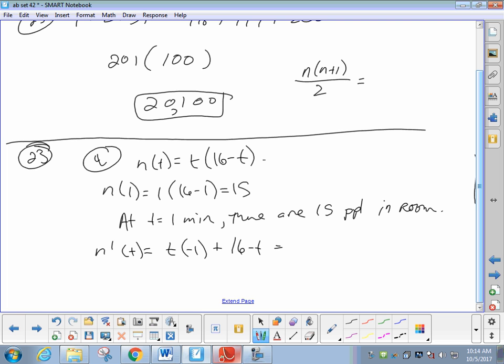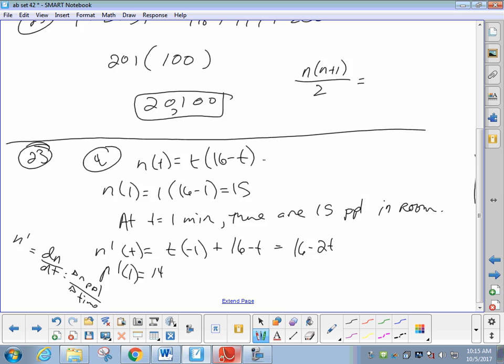I get something like 16 minus 2t, which I don't really care when that's 0 because they don't ask, but I do want to know what n prime at 1 is, which is 14. Now remember, sometimes it helps to write derivatives as Leibniz notation, dn/dt, how n changes with time. Change in n, that's change in the number of people with changes in time.